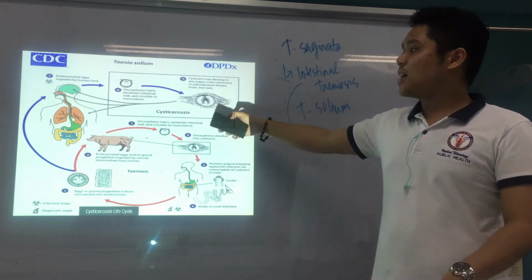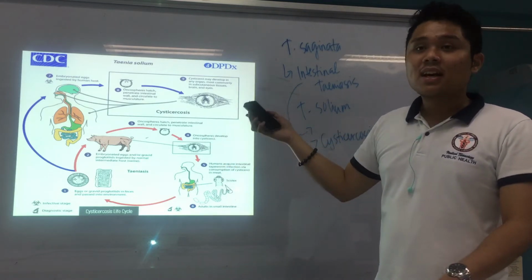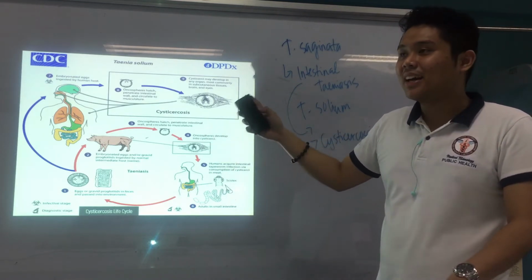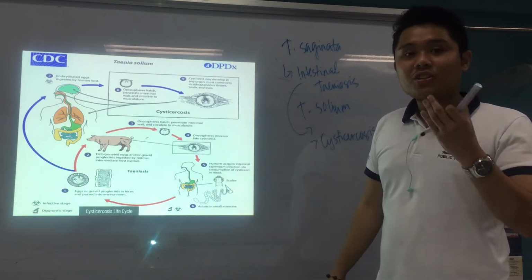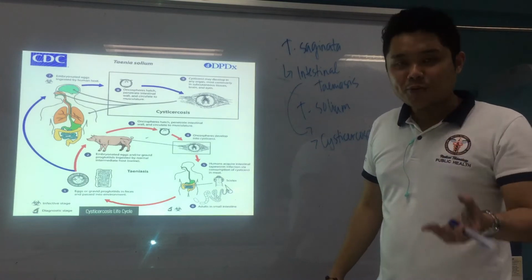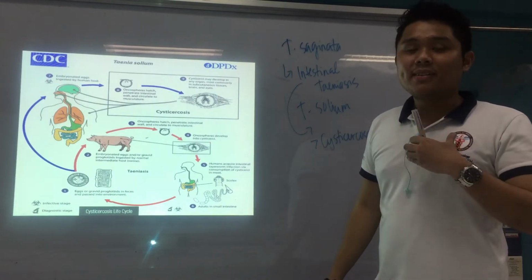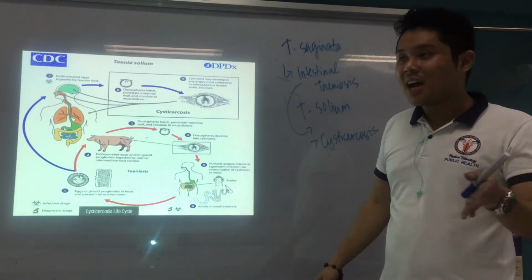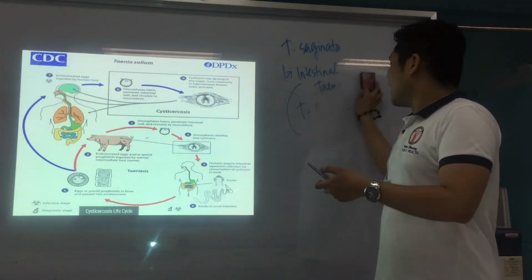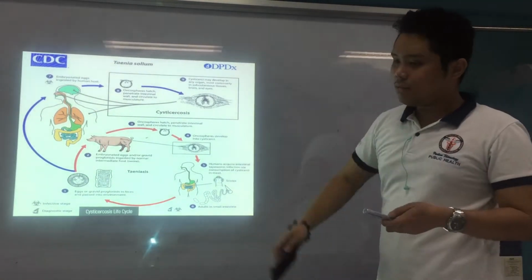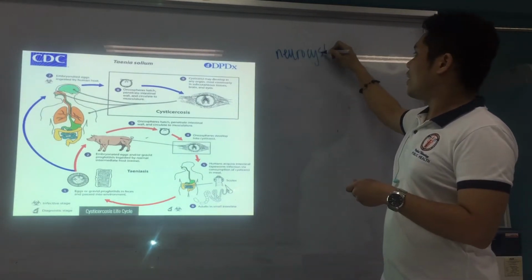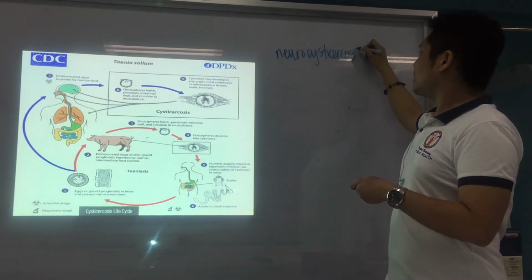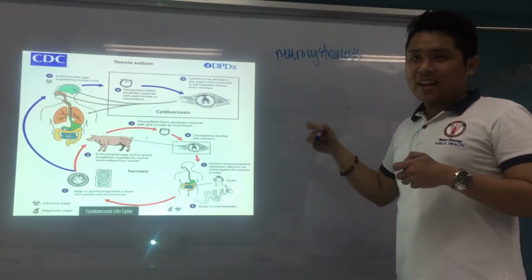Very, very important, because this is quite deadly. The most common site in the body where the cysticercus larva of Taenia solium can develop is the brain. That's why we have neurocysticercosis. Very, very important, and quite dangerous.